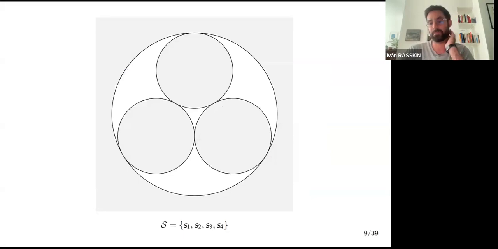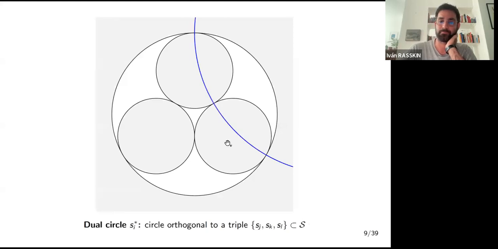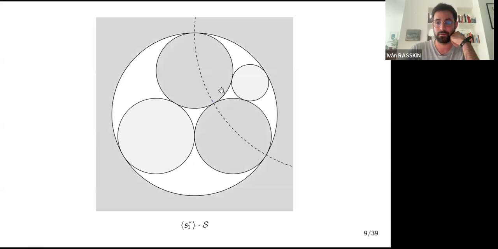For example, if we start from this configuration of four pairs of tangent oriented circles, we can pick an inversion that fixes three circles, so it's going to be orthogonal to a triple. When we apply one inversion, the three orthogonal circles are going to be fixed, and the remaining one is going to fill the empty space in this direction.